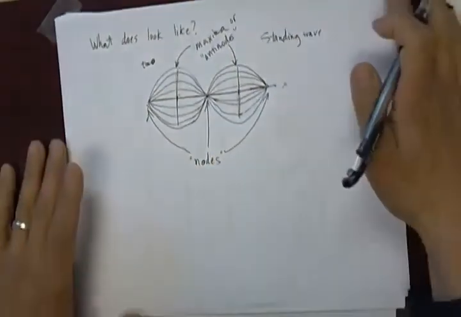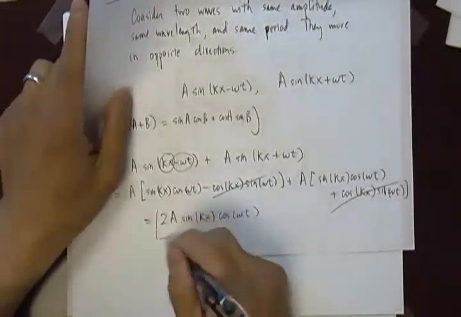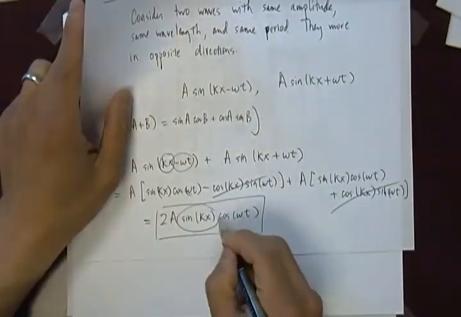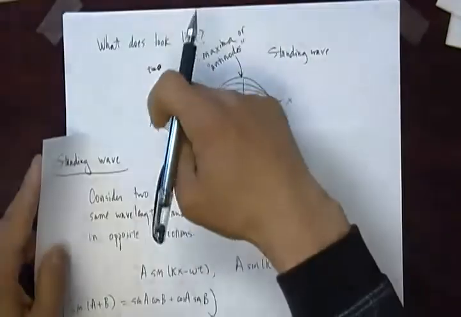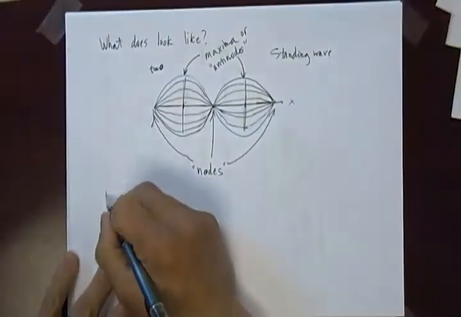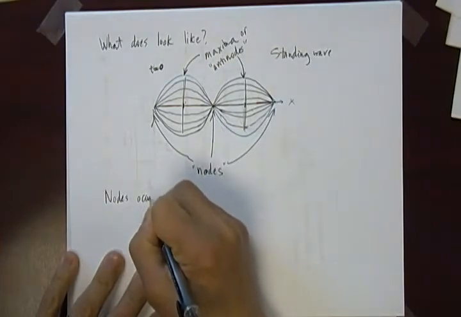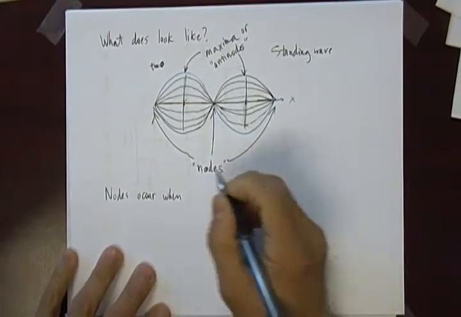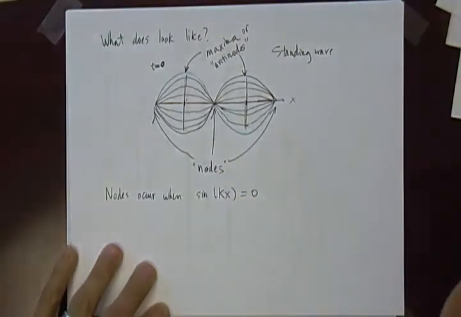Okay, so now let's consider where these nodes occur. Remember, this all came about because of this function here. We have this envelope, and then we have this modulation of the string by cosine omega t. So the sine of kx is the envelope. So the nodes occur when sine kx is equal to 0.